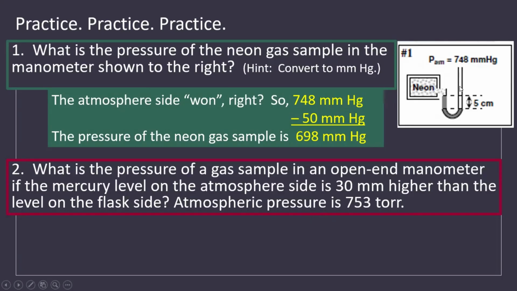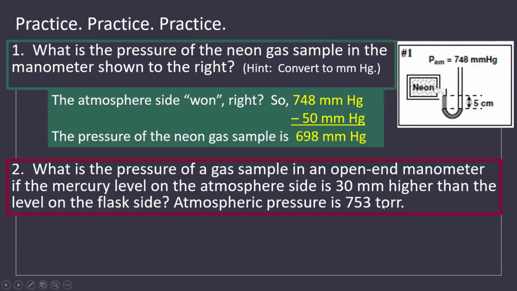If it's higher on the right-hand side, which side is winning? Is it the atmosphere side or the gas sample side? It would be the gas sample side. In order for it to win over the atmosphere, it has to be more than the atmospheric pressure, so we have to add.